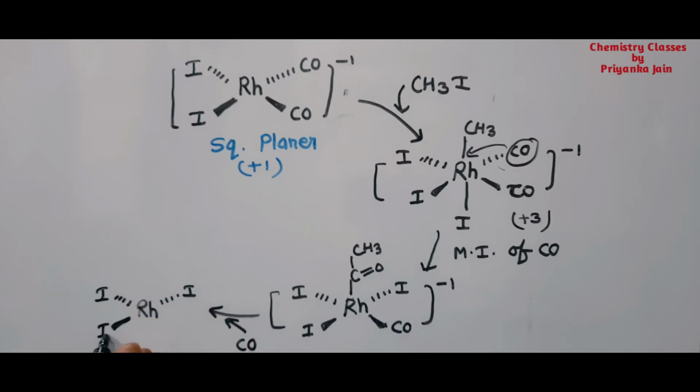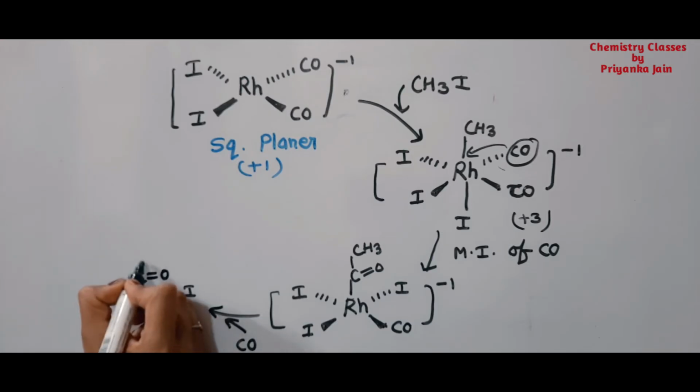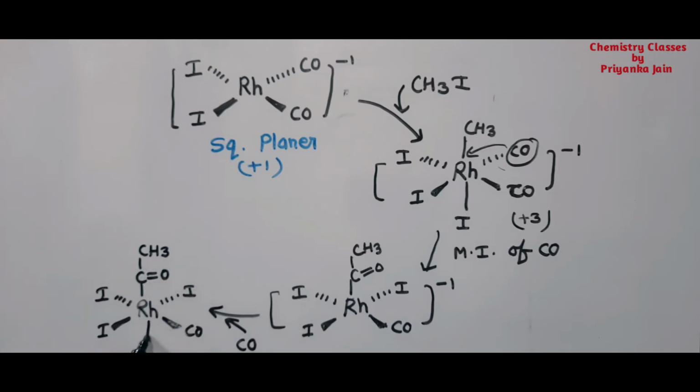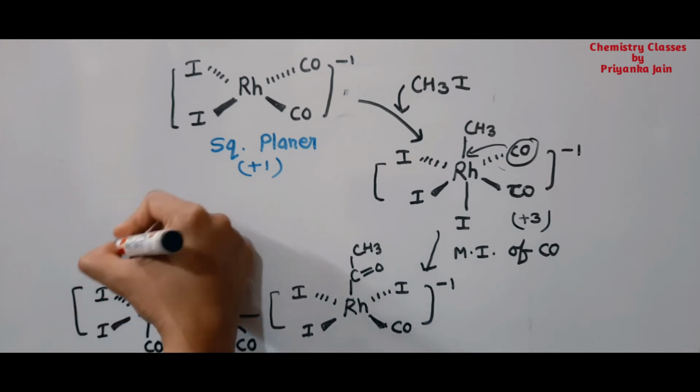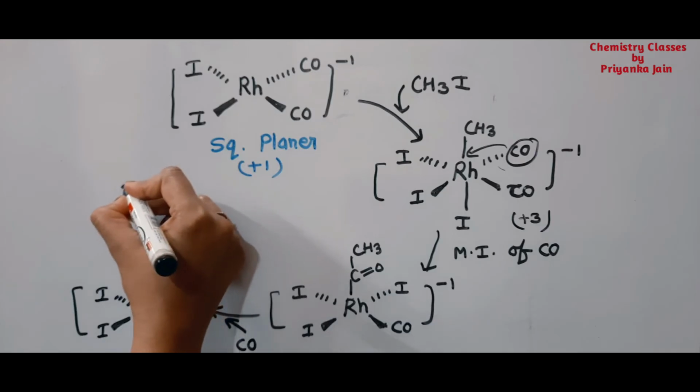These whole things will remain as they are. And now here will be another CO group. So now the geometry is again 6 coordinated. And now in the next step, what is happening?